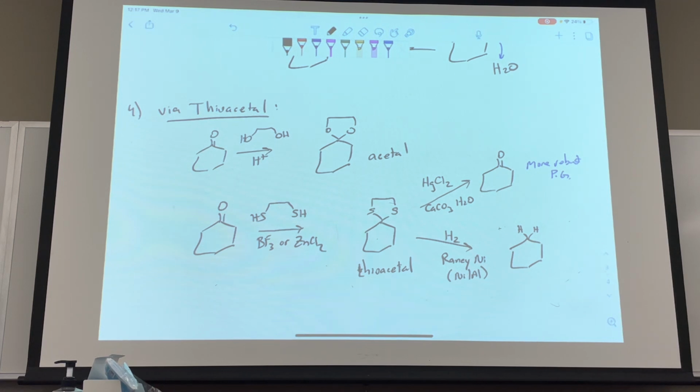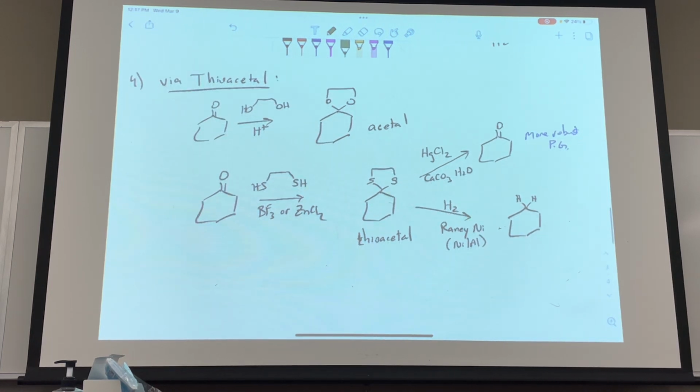All right. By the way, this one also has a name. Sometimes you'll see this referred to as the Mozingo reduction.